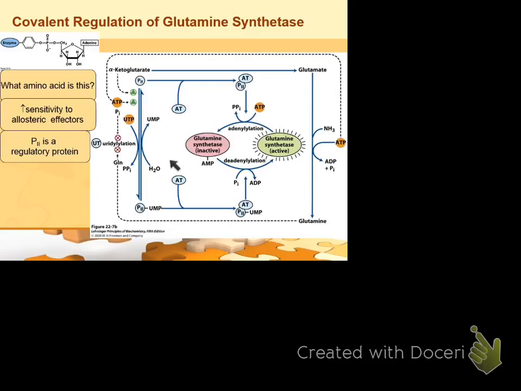So, ultimately, our goal is to look at the inactive versus the active form, and this is only for the covalent regulation here. Okay. So you have those 8 things that combine to help downregulate it.